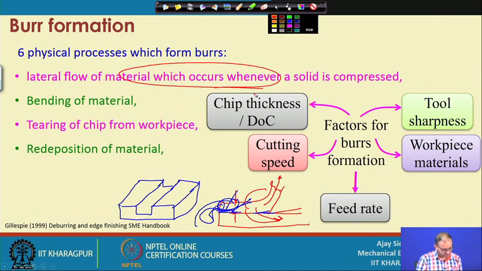So this is your milling cutter. When your tool is at the center, the chip will try to accumulate on the top face of the workpiece. Sometimes your chip is not completely removed, and by that time your tool has already moved ahead in the forward direction. So the chip will redeposit on the top surface and become part of the top burr. So this is also one of the reasons.